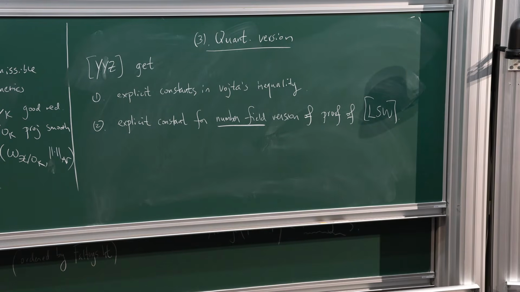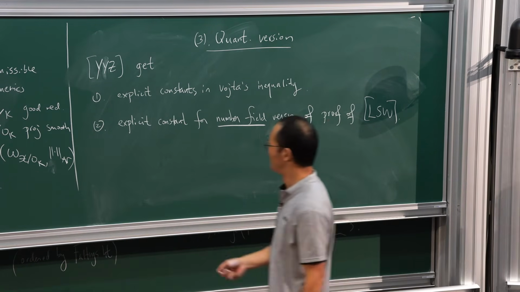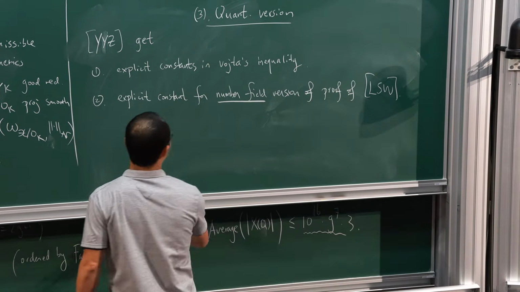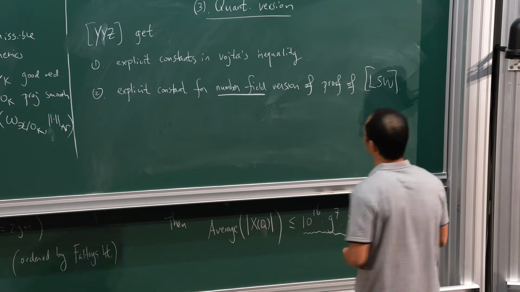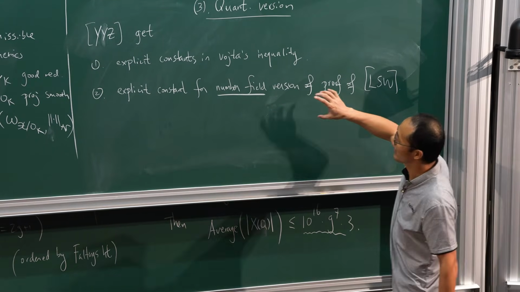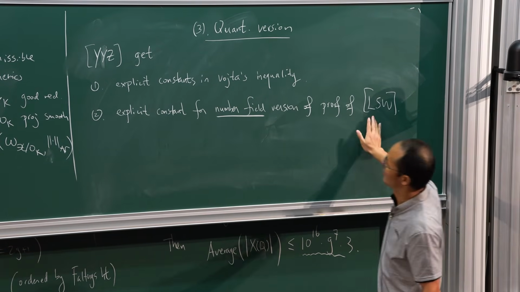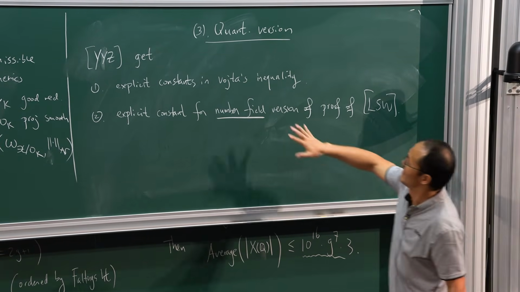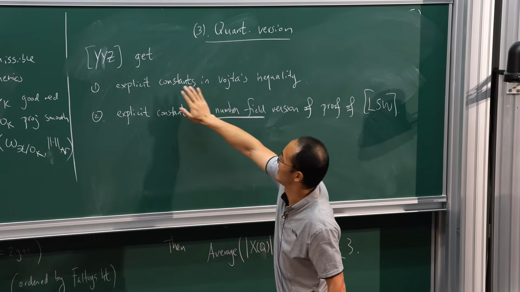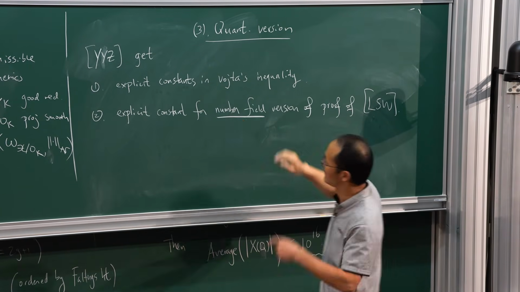We need to bound a lot of invariants, Archimedean invariants of compact Riemann surfaces, inequalities. Our major innovation is to work out all those Archimedean inequalities for this method. It also takes some effort to get explicit constants in Vojta's inequality.